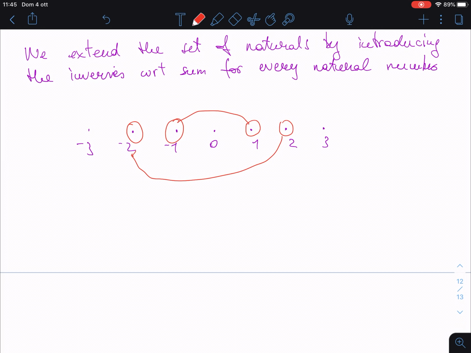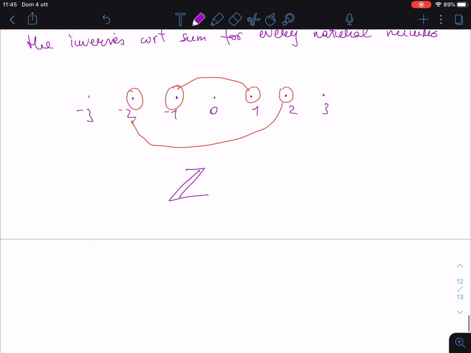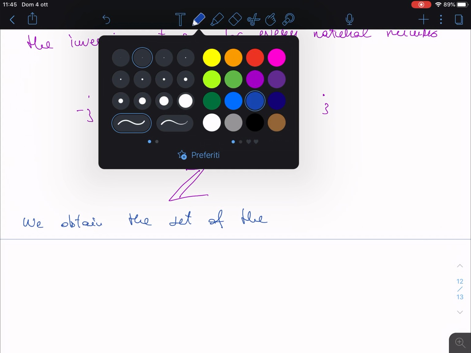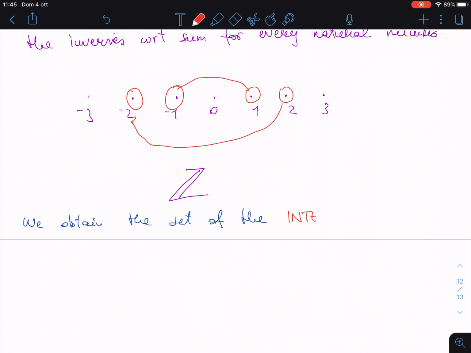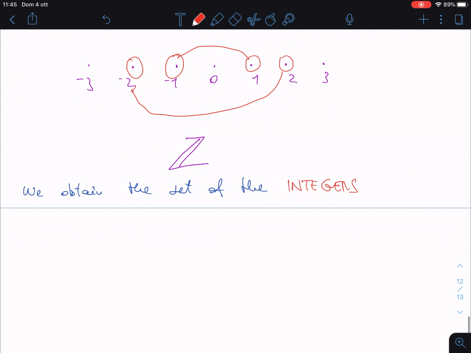Good. And the set we obtain here is Z. So we obtain the set of the integers, which is Z. Everybody knows this is given by 0, plus -1, plus -2, plus -3, and so on and so on.